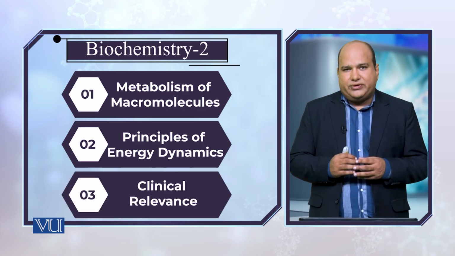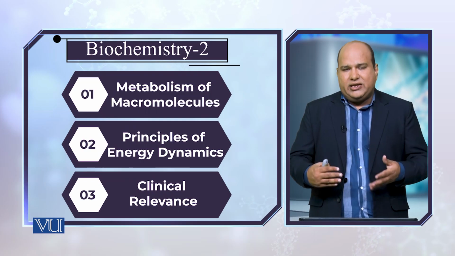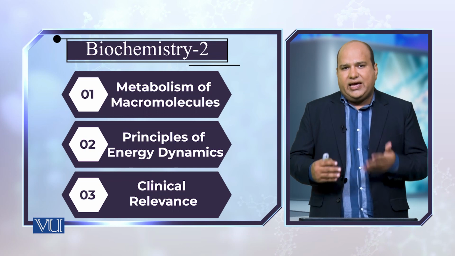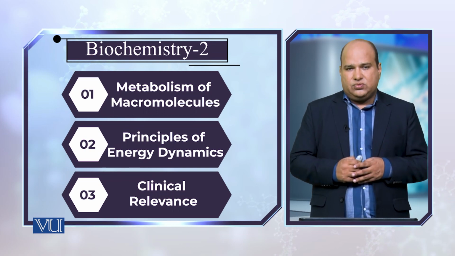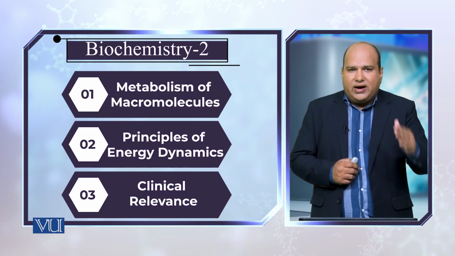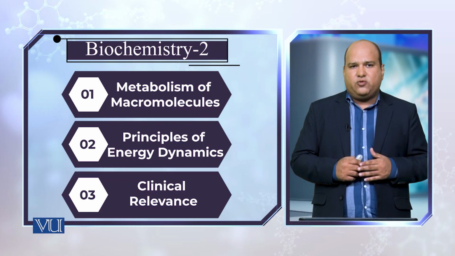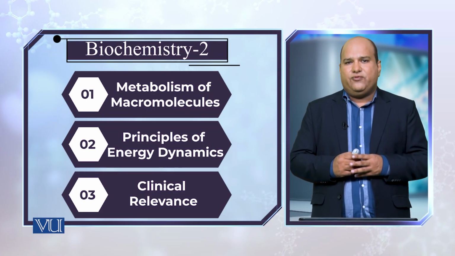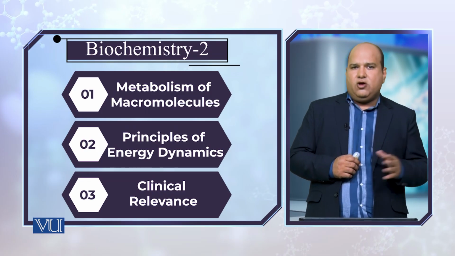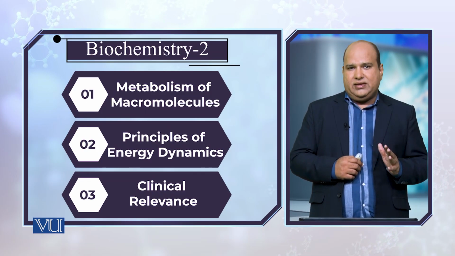And very importantly, the clinical relevance, because we are talking about molecules undergoing all sorts of reactions which will have clinical implications also. So for Biochemistry 2, it's important that you have already studied certain general aspects of biochemistry in the Biochemistry 1 course. Keep in mind, whether Biochemistry 1 or 2, they are fundamental courses, they are irreplaceable.